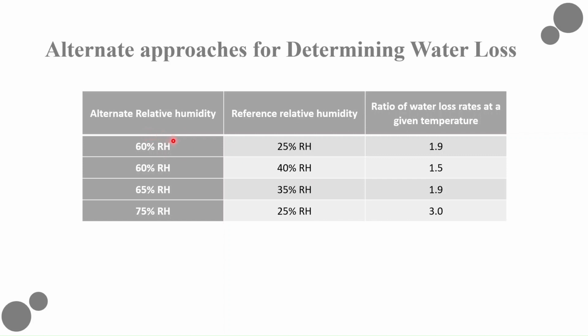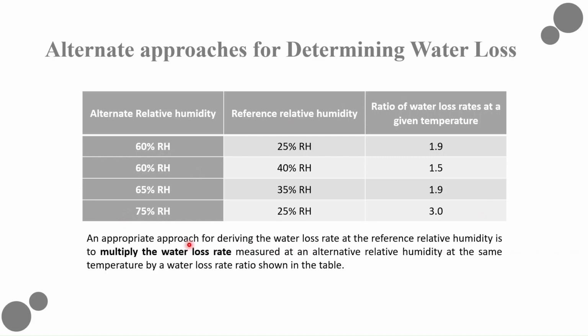But the condition is that whatever water loss you get here, you have to multiply that by 1.9. Similarly, when you have to store your product at 40% but you are doing it at 60% relative humidity, in that case you have to multiply by 1.5. Similarly for 65% and similarly for 75%. This is a criterion which is given in ICH.